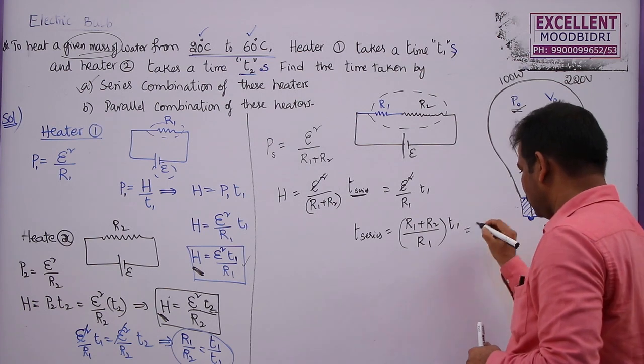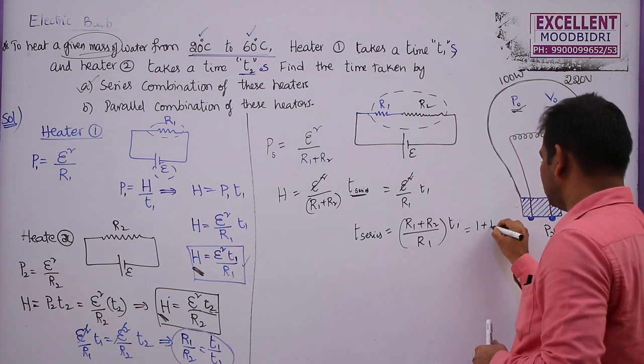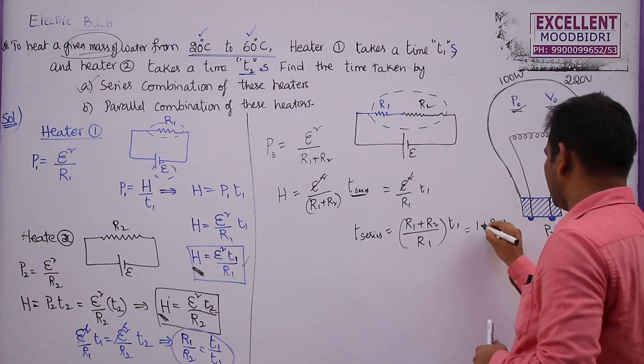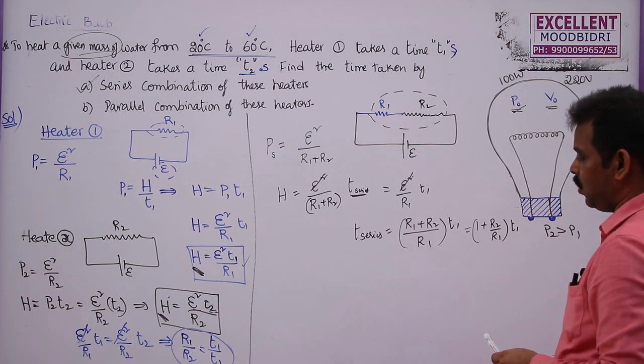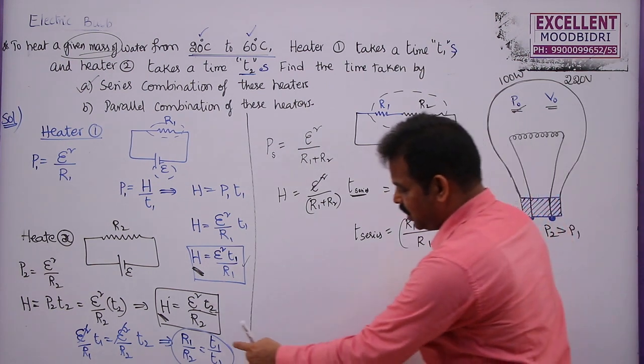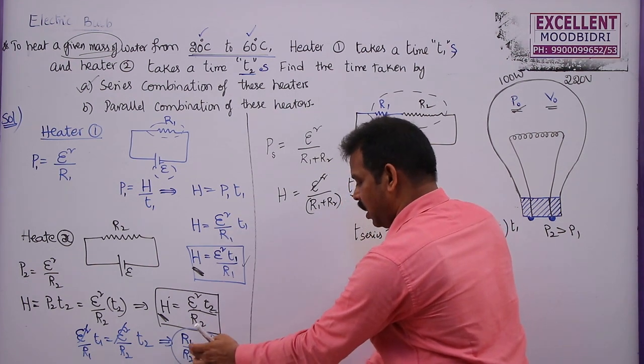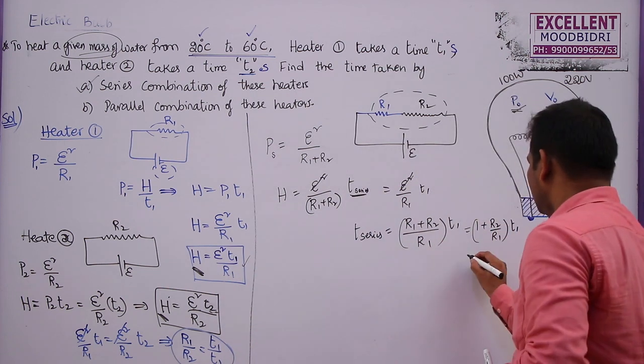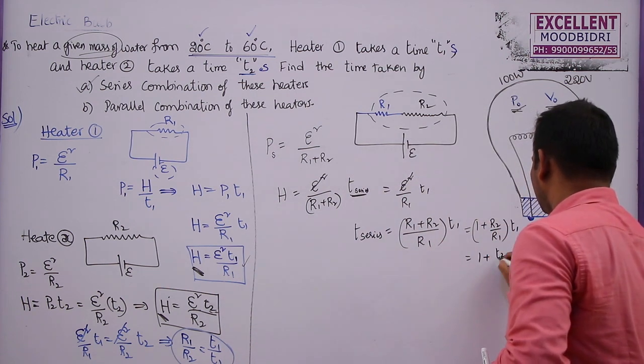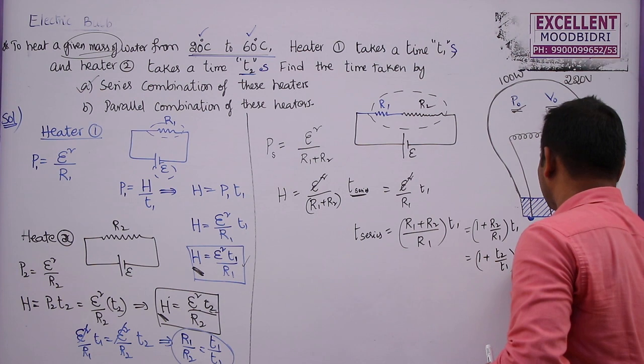So you can write this as 1 plus R2 by R1, into T1. What is this R2 by R1? Here we have R1 by R2 as T1 by T2. If you reverse this, R2 by R1 is equal to T2 by T1. So this becomes 1 plus T2 by T1, into T1.